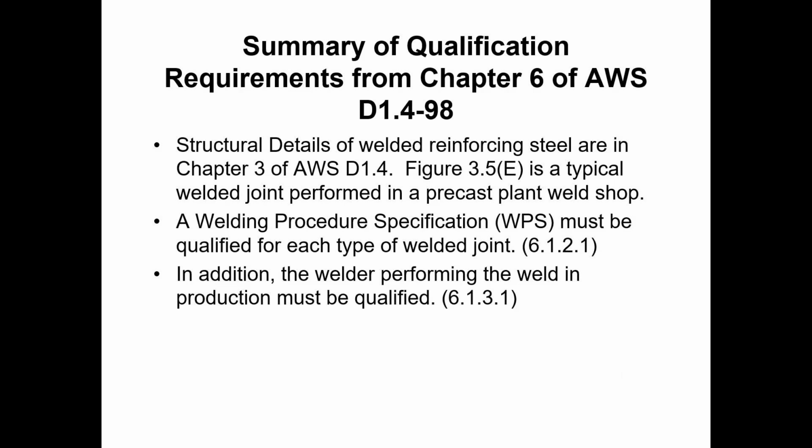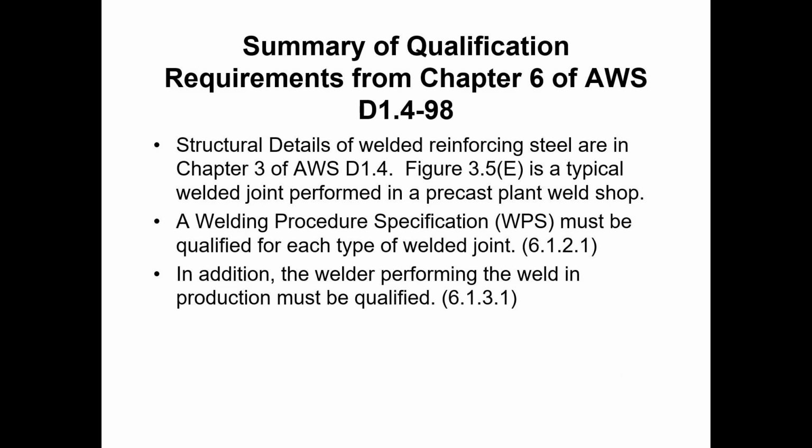The WPS, as the name suggests, is a specification that defines the actual weld that would be performed, i.e., a flare bevel weld of a piece of rebar to a plate, for instance, of a rebar of a certain size to a plate of a certain thickness, certain length, weld shape, location. All that would be defined in the WPS.